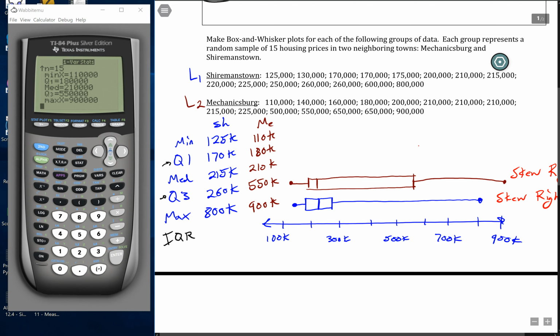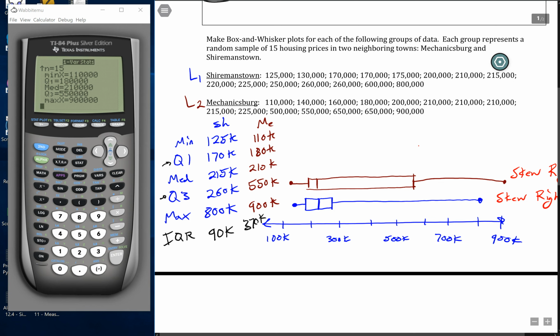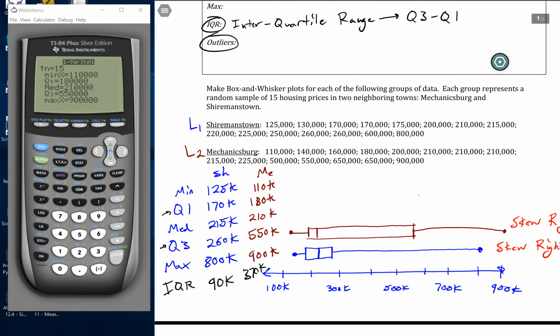That's 260K minus 170K. That is 90K. And for Mechanicsburg, it's 550K minus 180K. That is 370? I think it's 370. So 370,000 is the interquartile range. So that's easy. Now, why do we need to know the interquartile range?